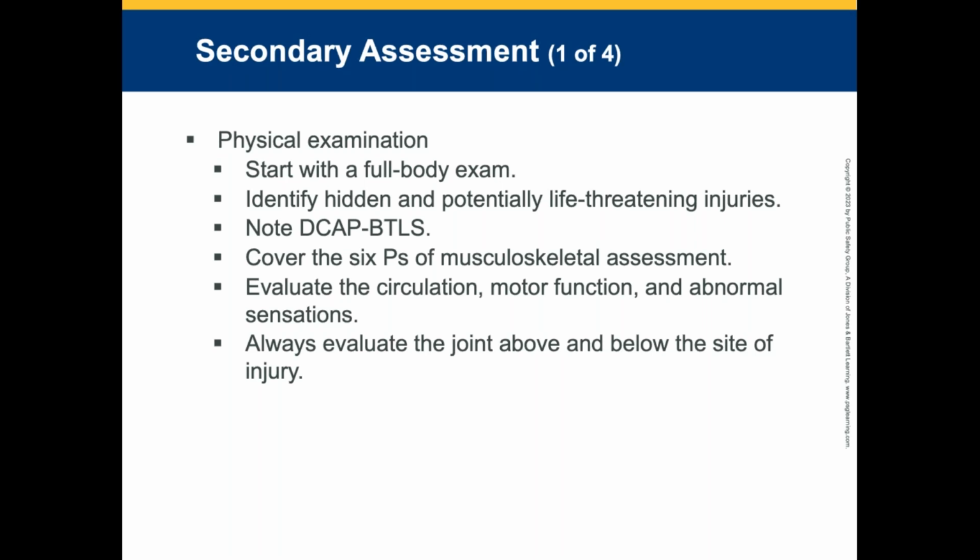That's going to be pain, paralysis, pulselessness, paresthesia, pallor, and pressure, and evaluate circulation, motor function, and abnormal sensations, or CSM checks. Consider distracting injuries. Assess the entire zone of the injury itself. Look at the entire injury. And always evaluate the joint above and below the site of the injury itself. Make sure there is no other damage or any kind of radiated pain.